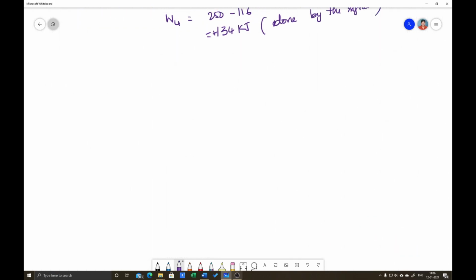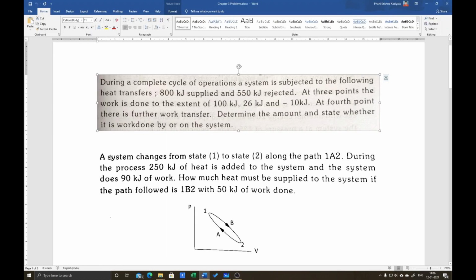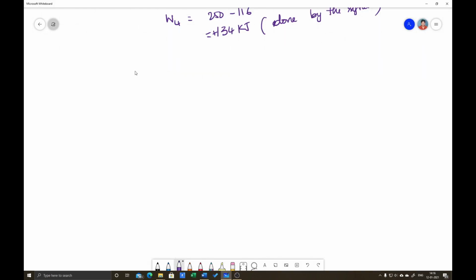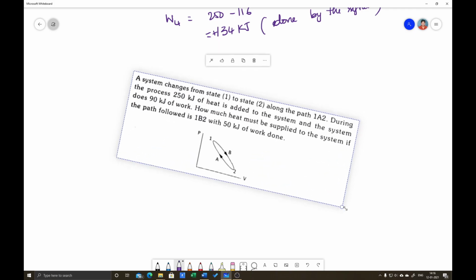Okay, we'll solve another problem similar to this. Here another problem is there. These two are your exercise problems.